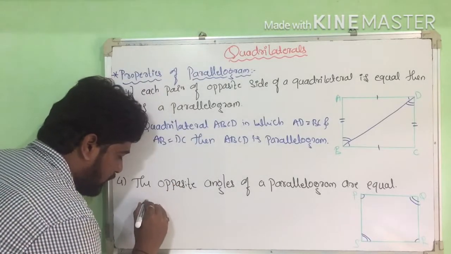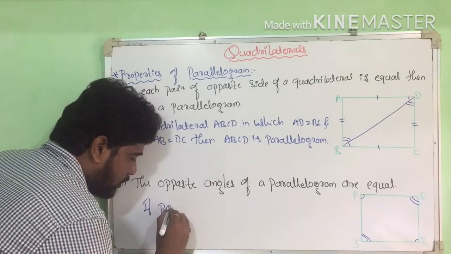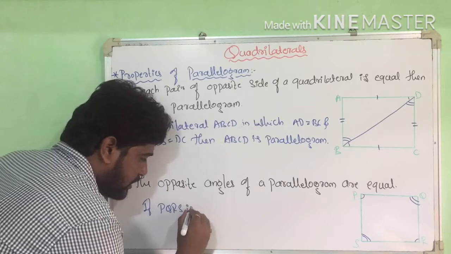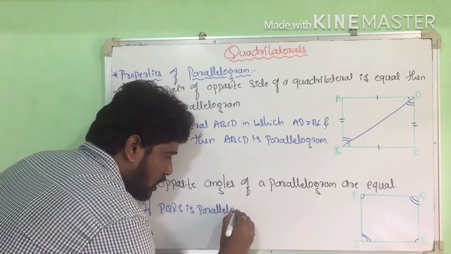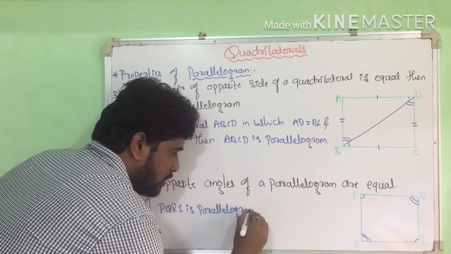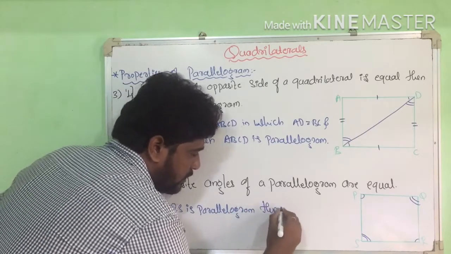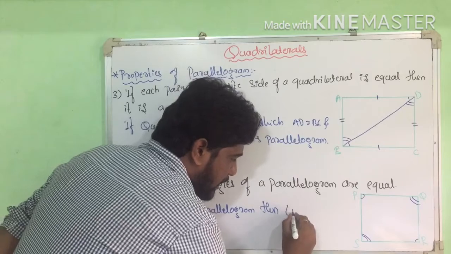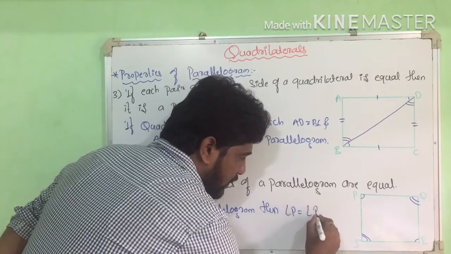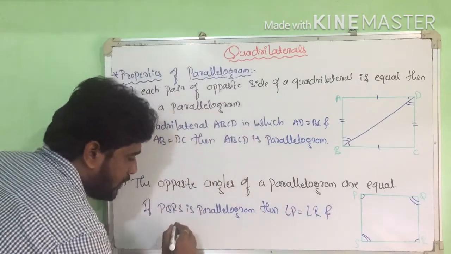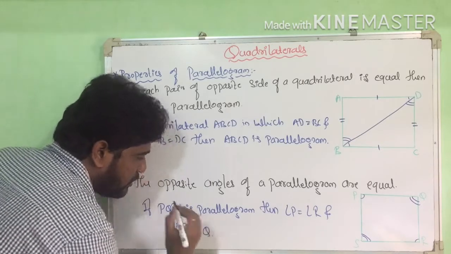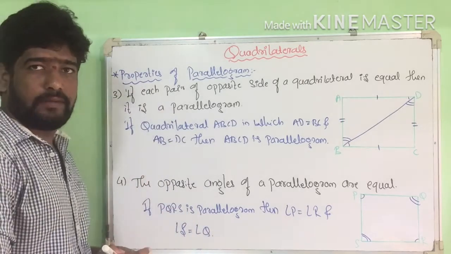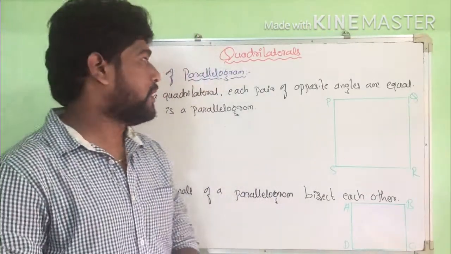So write down here, if PQRS is a parallelogram, then angle P is equal to angle R and angle S is equal to angle Q. Is it clear? Well students, the next property is the fifth one.